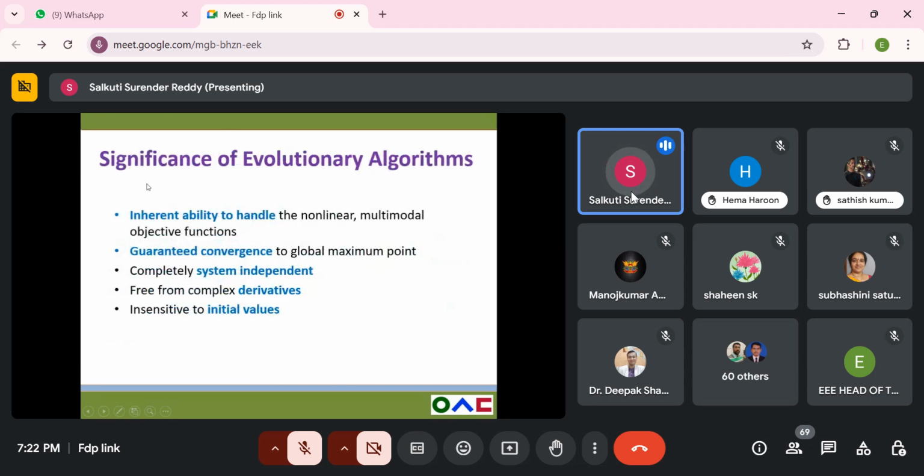Why do we use these evolutionary meta-heuristic algorithms? Because our problems are linear, non-linear and multimodal, and these algorithms are going to give you a global solution. They are all system independent.